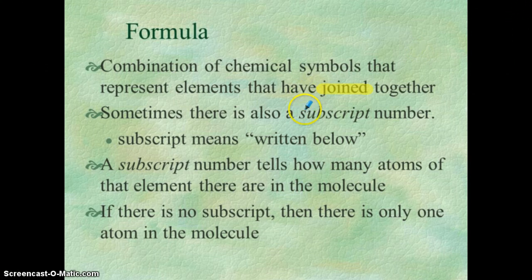Sometimes we know that there's also what's called a subscript number. Subscript means written below, so that's why they have assigned that name. And a subscript number tells how many atoms of the element there are in a molecule.